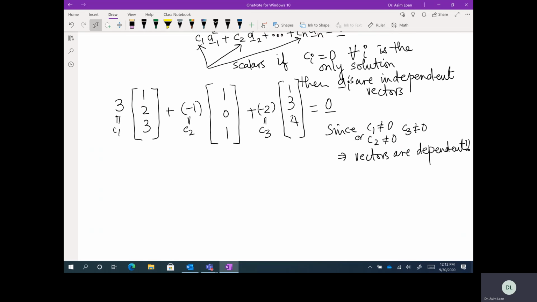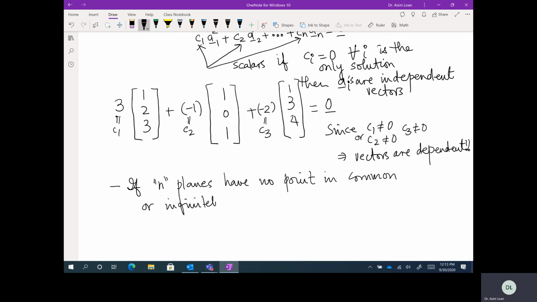And the last thing: in the singular case, if n planes have no point in common, or infinitely many, then the n columns lie in the same plane.